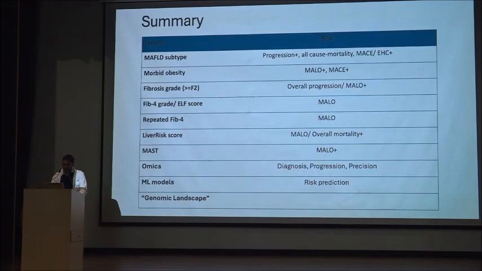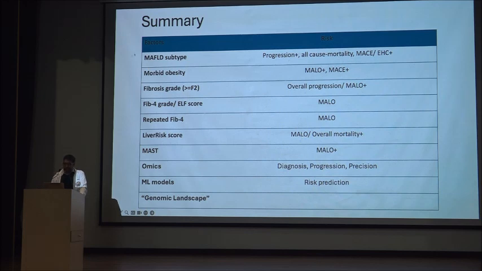So to summarize, the factors which are very important when we assess risk prediction start with the MAFLD subtype. All the subtypes of MAFLD are not the same. Diabetic and cardiometabolic risk factors have in previous studies been assessed as metabolically unhealthy, and the risk for progression, all-cause mortality and MACE have been defined.